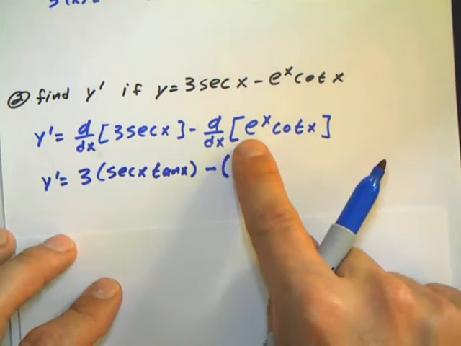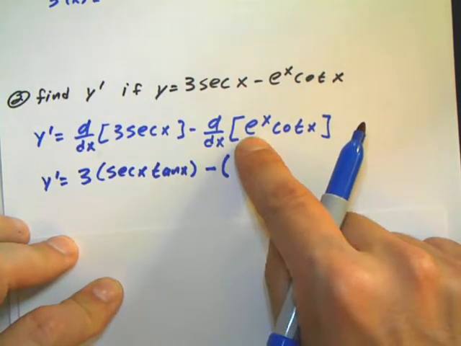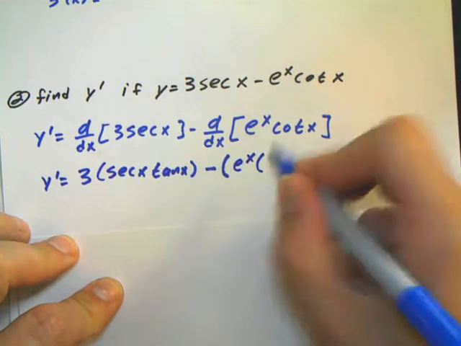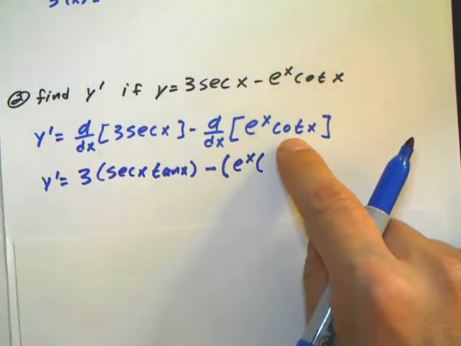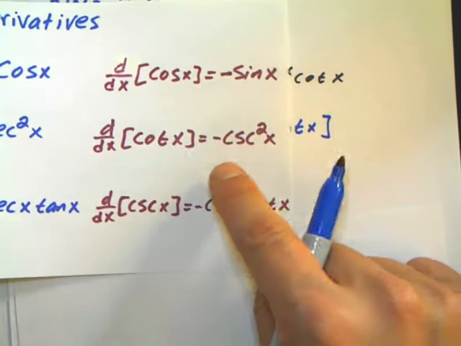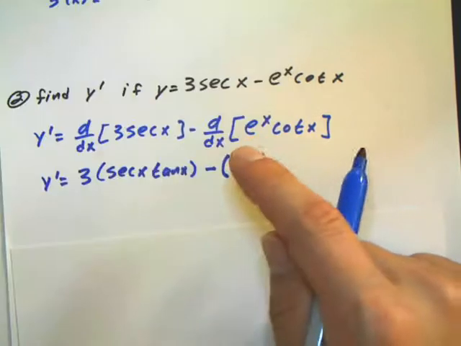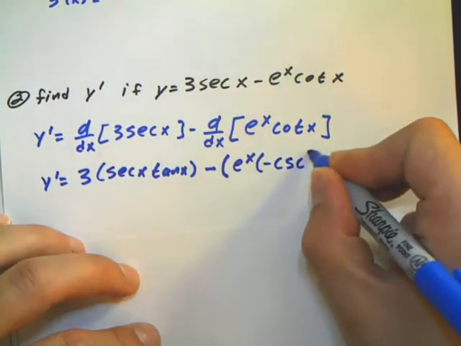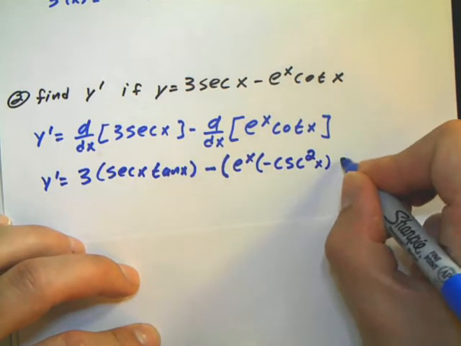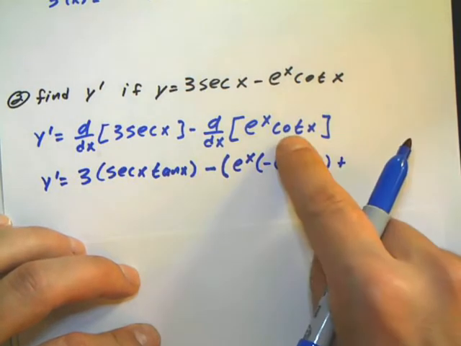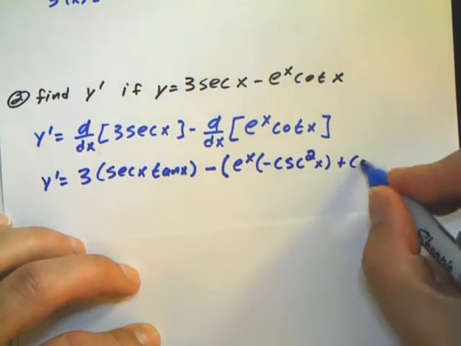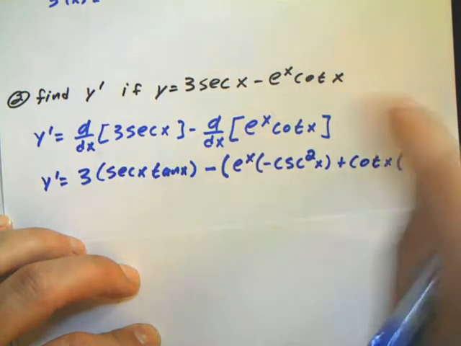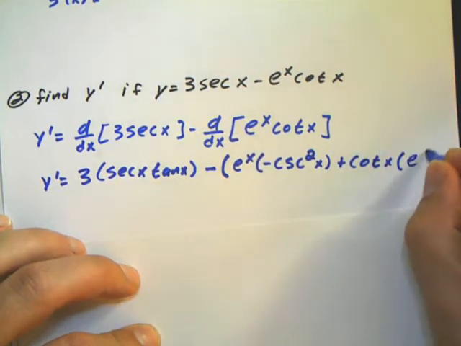So the product rule on this is going to be e to the x stays e to the x. Now the derivative of cotangent is negative cosecant squared, plus cotangent stays the same, and the derivative of e to the x is itself, e to the x.